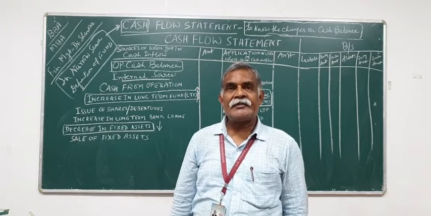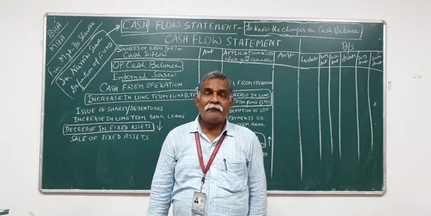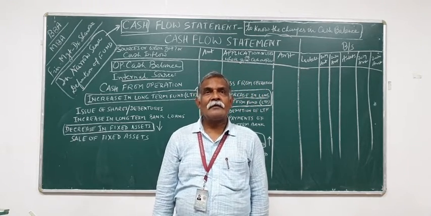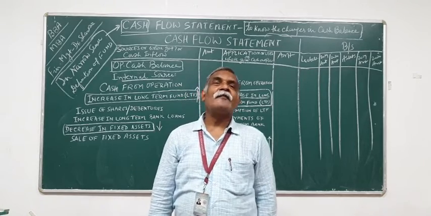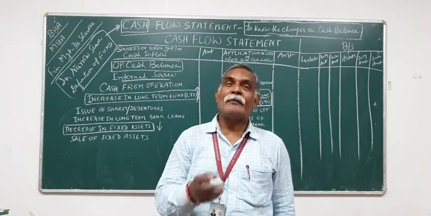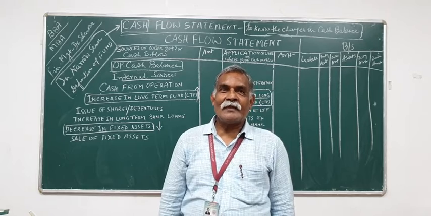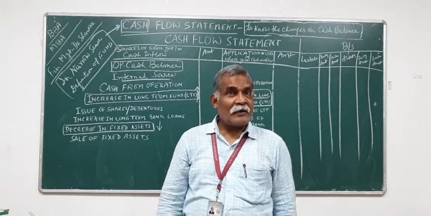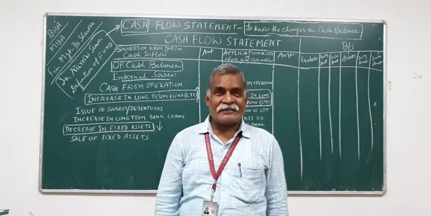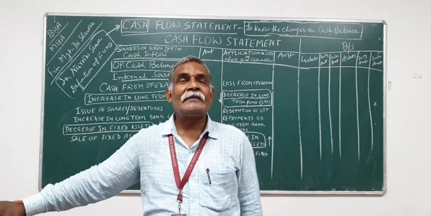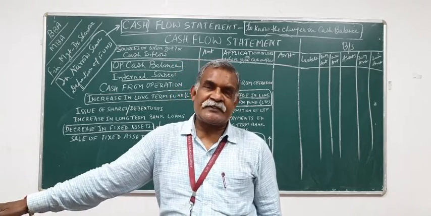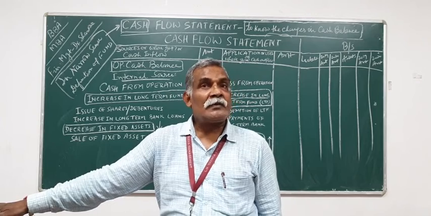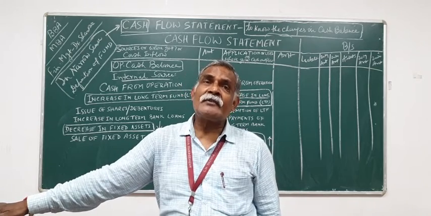Today in this class, we will learn about the last part of cash flow statement, that is how to prepare cash flow statement. Because in my previous class of cash flow statement, we have discussed about funds from operation.